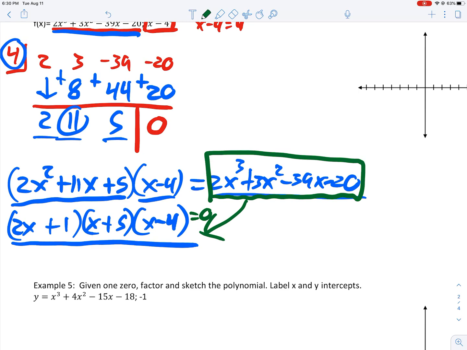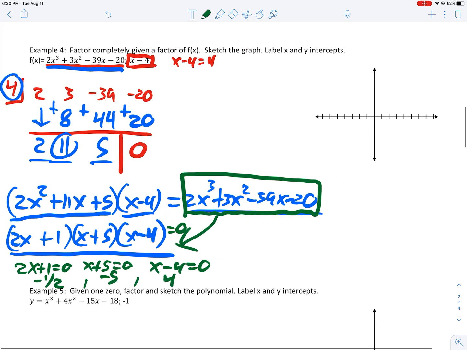That's literally the whole thing that we're doing. So 2x plus 1 equals 0, x plus 5 equals 0, x minus 4 equals 0. So 4, negative 5, negative 1/2, right? Subtract 1, divide by 2. There we go. There are my 3 zeros, my 3 roots, my 3 x-intercepts.